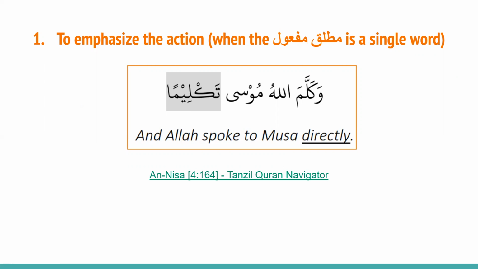So there's an emphasis on this action, kallama. It was actual speech, conversation. Though we know that Musa alayhi salam was not seeing Allah subhanahu wa ta'ala, it was a direct conversation, kalam.